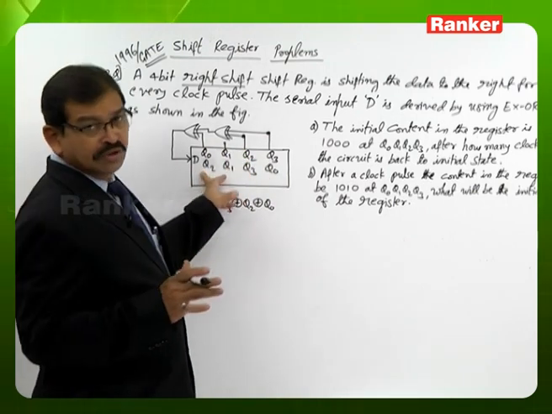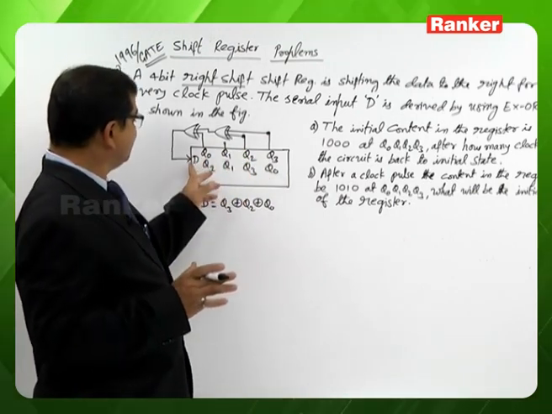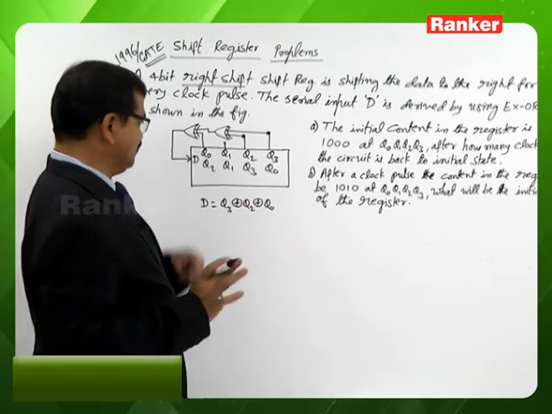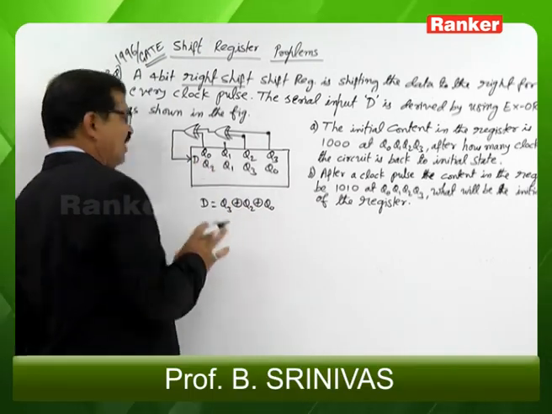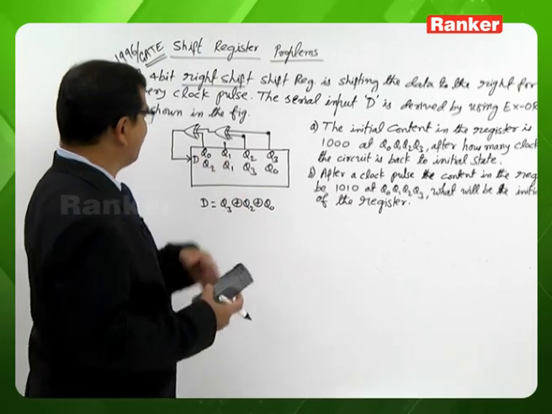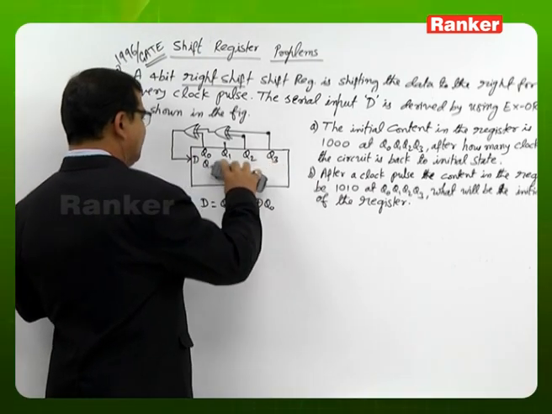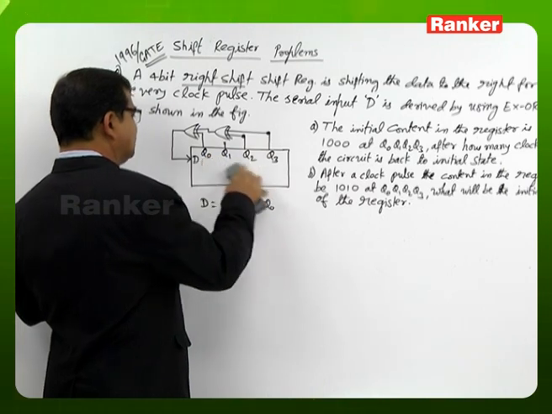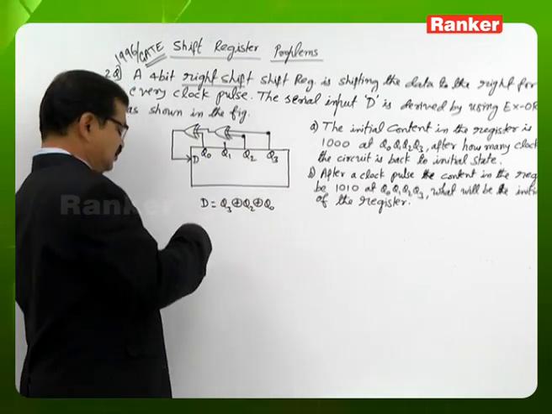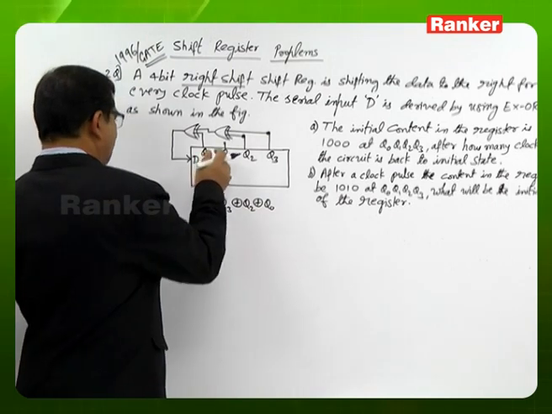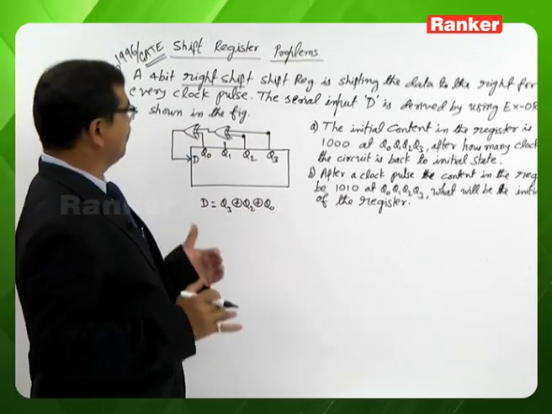Q2 being nearer to D does not mean that Q2 is the MSB. So if we take care of this properly, the question is not difficult. Most of the students make the mistake of transferring D to flip-flop 0, taking Q0 as the MSB.